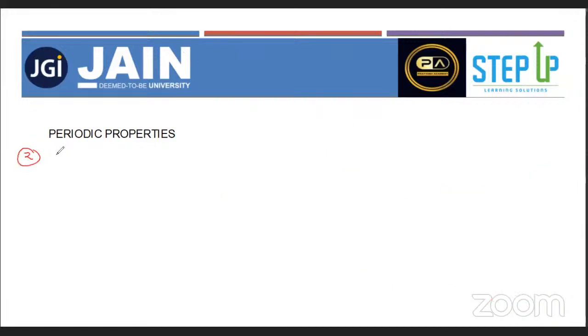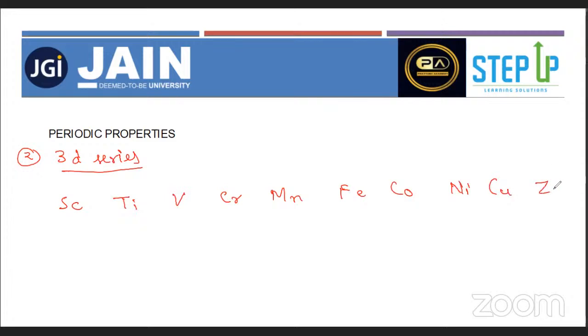We'll discuss the 3d series. Okay, so in the 3d series, the first element is scandium. After scandium, we have titanium, then vanadium, then chromium. Then we go to manganese. From manganese, we go to iron, cobalt, nickel, copper, and zinc.